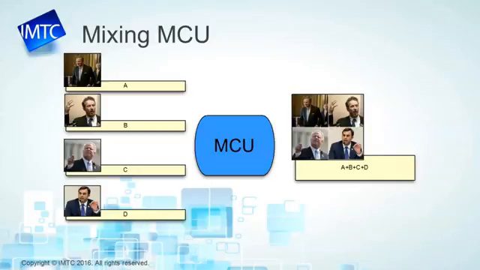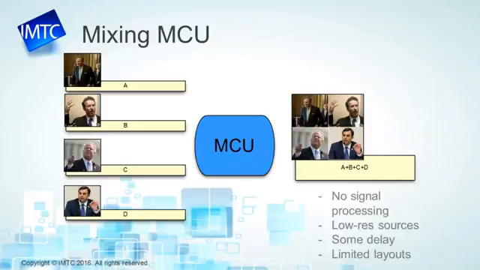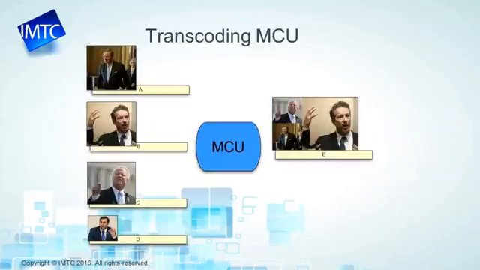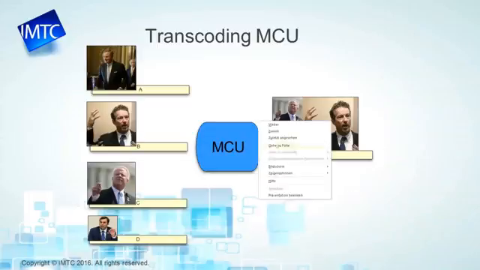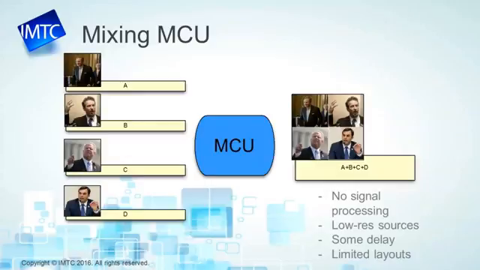But you are limited in the layout, and of course you cannot see anybody in high resolution because the inputs are low resolution to begin with. There is some delay, but very little. And again, you require special support from the codec, and the last one that supported that in a commercially available profile was H.261. More recent ones, we know in theory they support it, but not in the profiles that have been adopted.